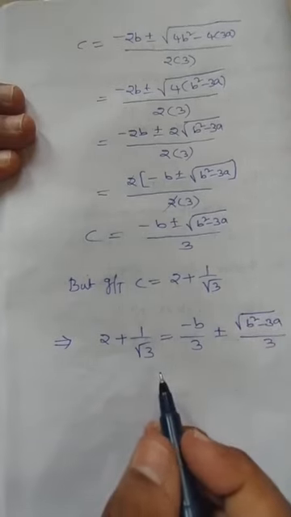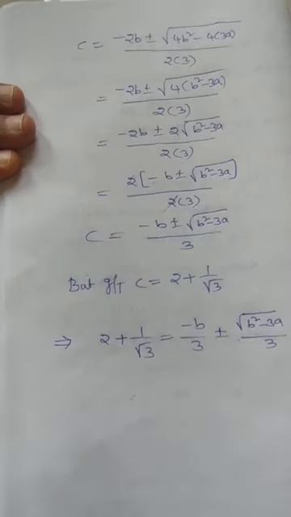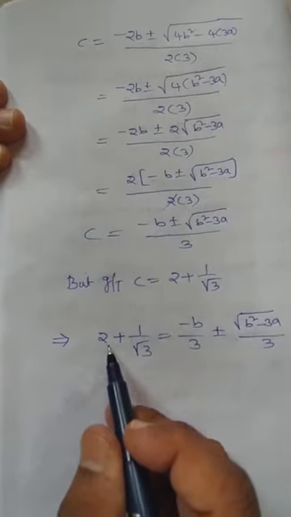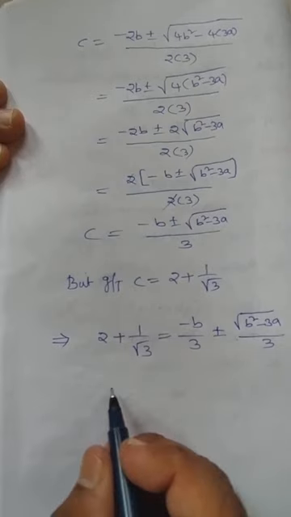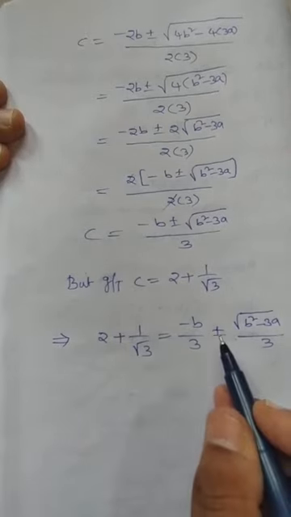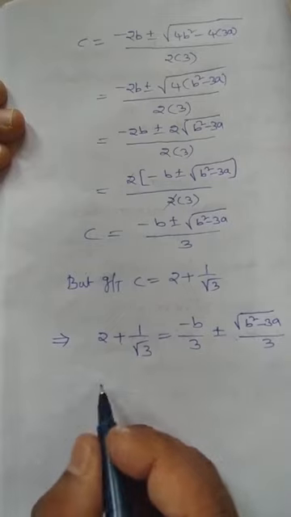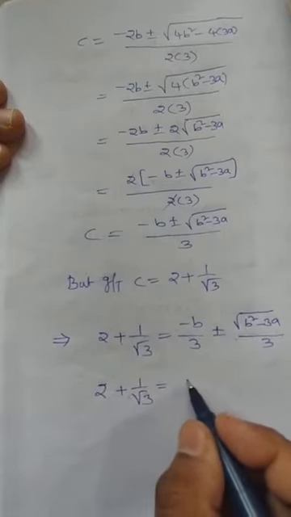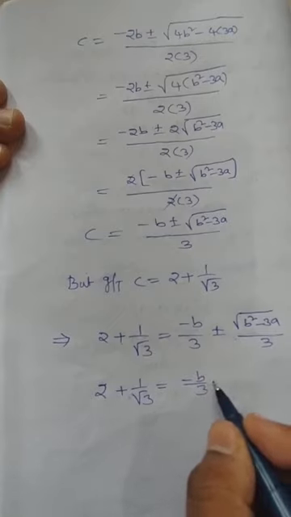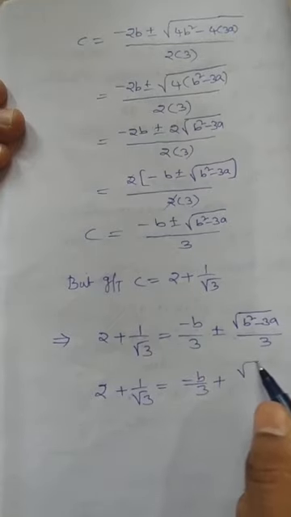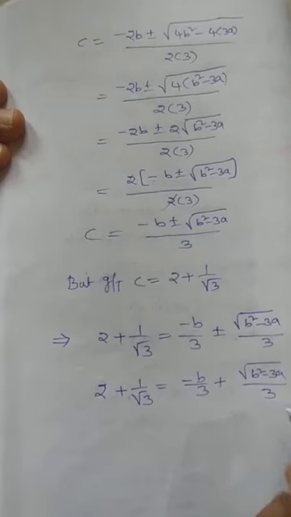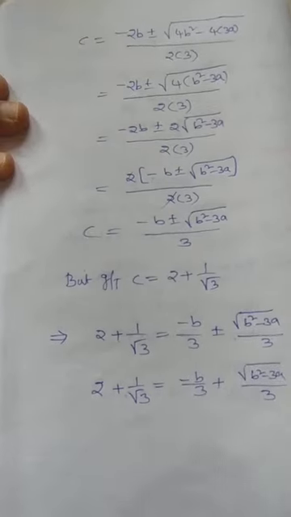So I am comparing both the terms. At the left hand side I am having what? 2 plus 1 by root 3. So that in the right side also I will take only plus values. 2 plus 1 by root 3 is equals to minus b by 3 plus under root of b square minus 3a by 3.